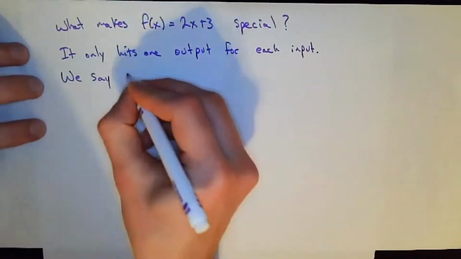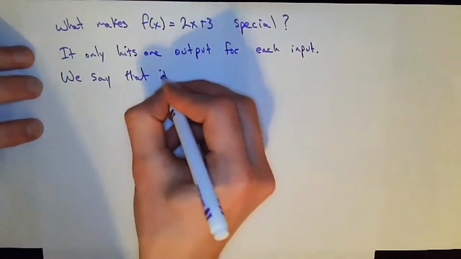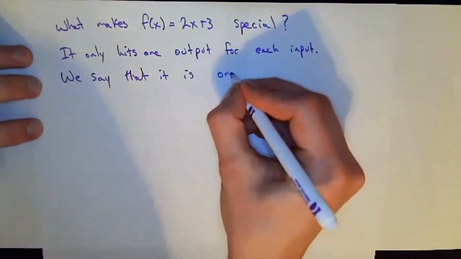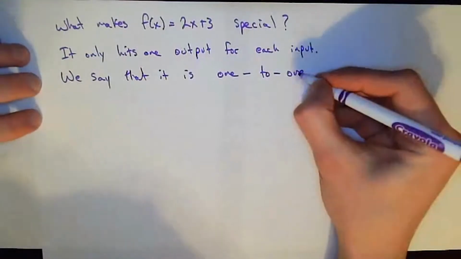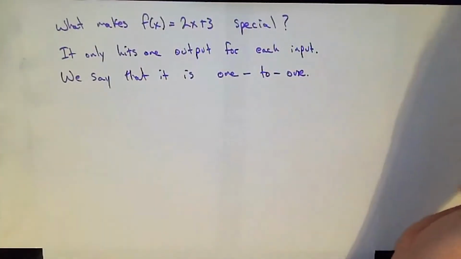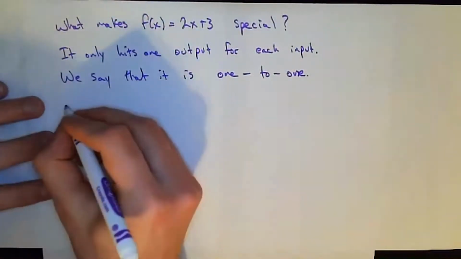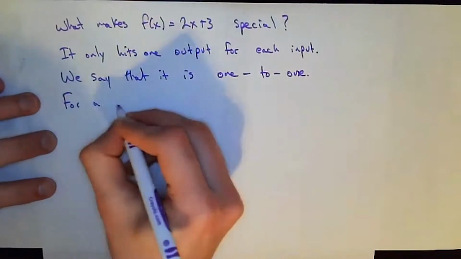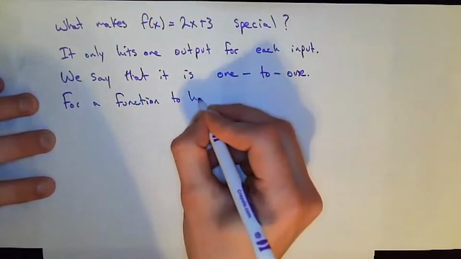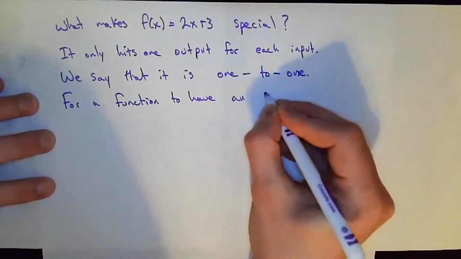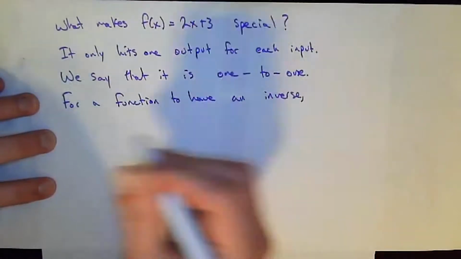We say that it is 1 to 1. So hence the name of the section here, 1 to 1. For a function to have an inverse, it must be 1 to 1.